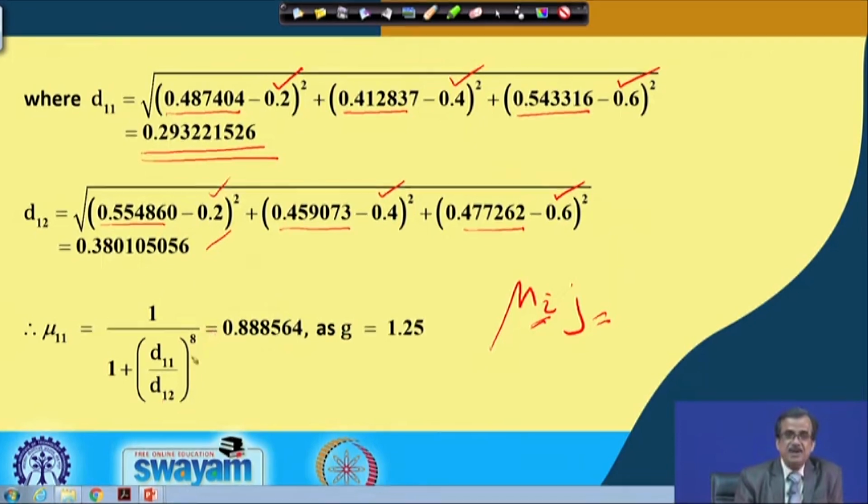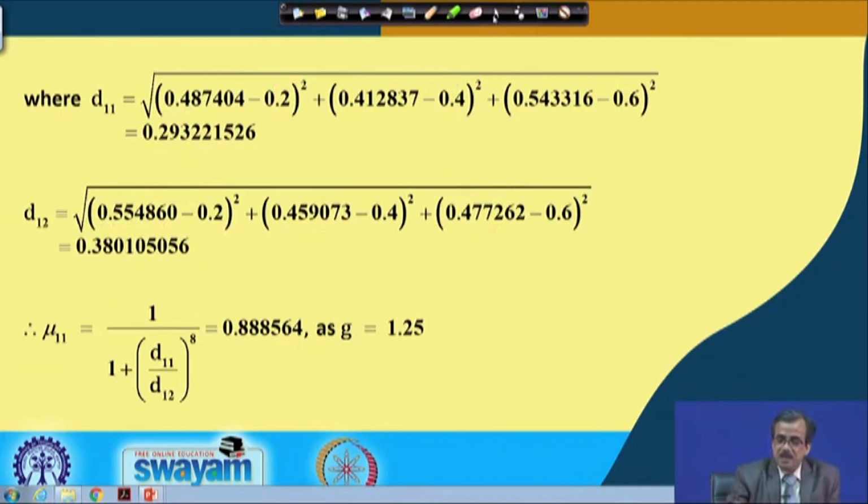This formula I have already derived. If you put all the numerical values and calculate, you will be getting mu11 as 0.888564. So I will be getting that particular membership value.